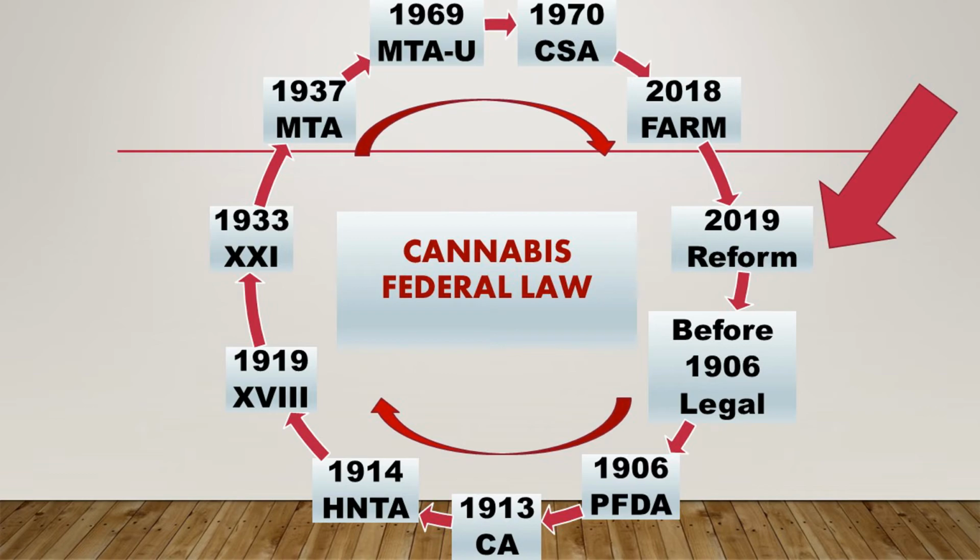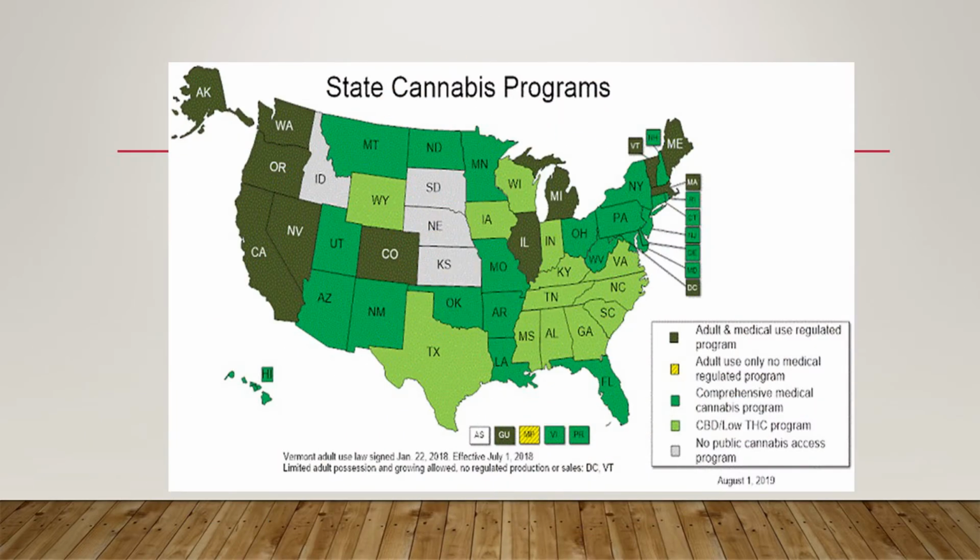Well, what about cannabis state law? In 1996, California was the first state to allow for the medical use of marijuana under the Compassionate Use Act.